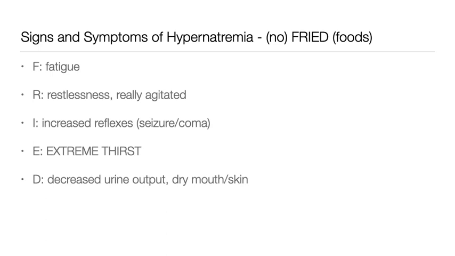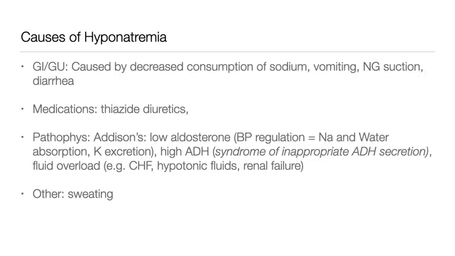So let's talk about hyponatremia now. This could be caused by a decrease in the consumption of sodium, rare, especially like I said in the United States where most of our foods are high in sodium. It could be due to vomiting.